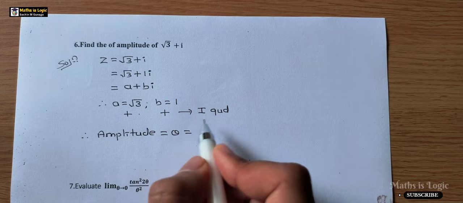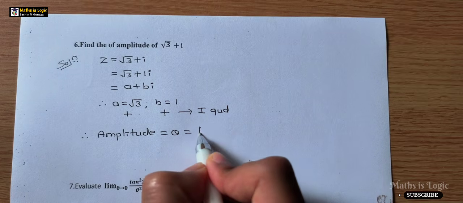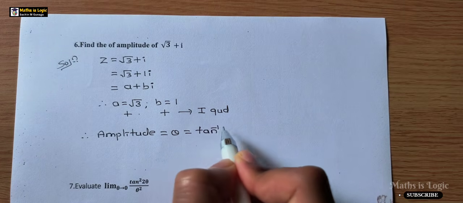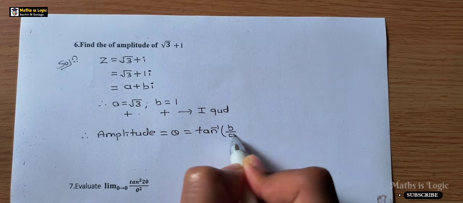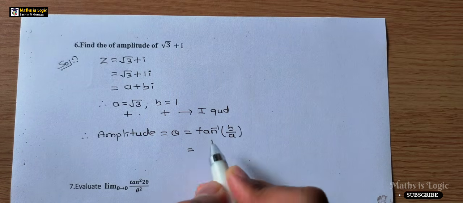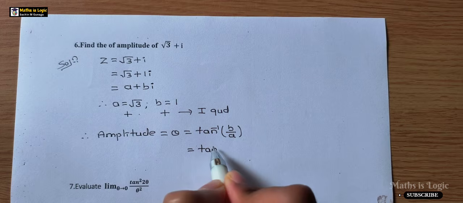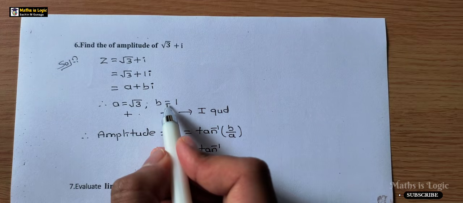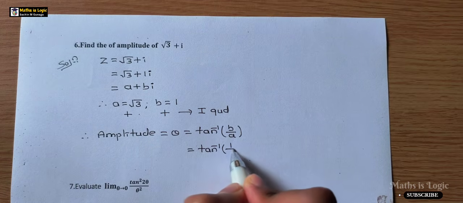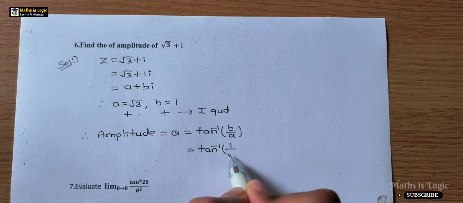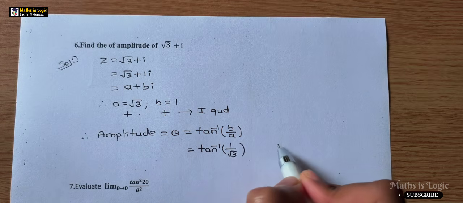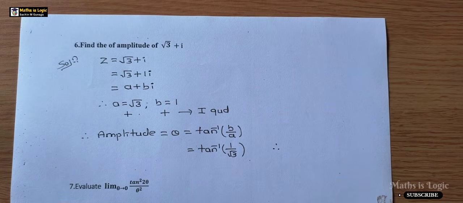So in the first quadrant, the amplitude formula is tan inverse of b divided by a. So which is equal to tan inverse of, substitute b. b is 1. So 1 divided by a is root 3. So we know this result. What is that result?